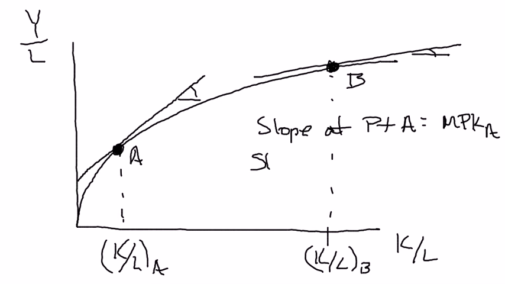The slope at point B is the marginal product of capital at point B. Now, what do you notice about these two slopes?